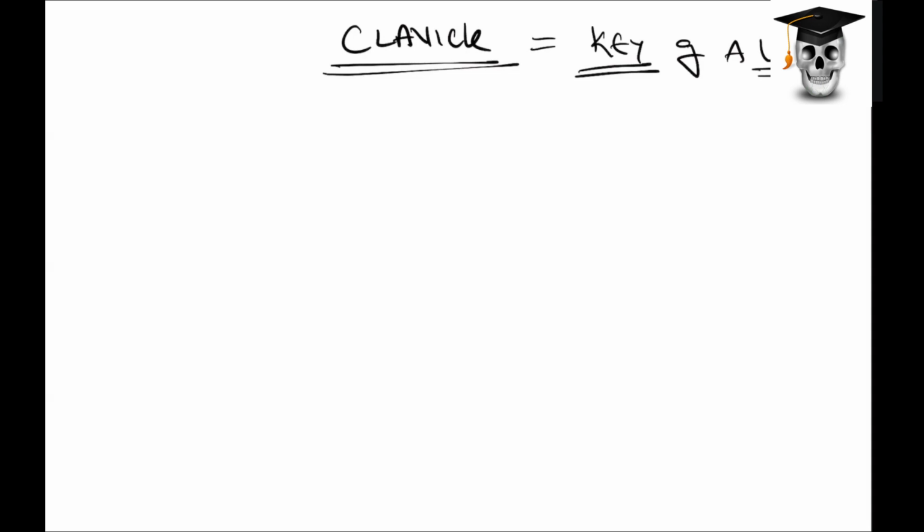Is all that okay? Fine. So now clavicle is an example of which kind of a bone, based on the shape? In the introduction to bone, we mentioned the classification of bone based on the shape.